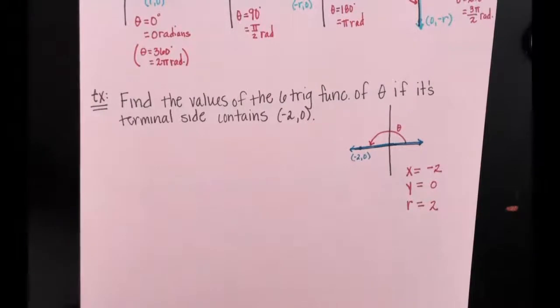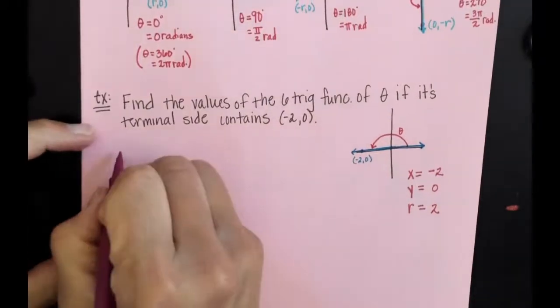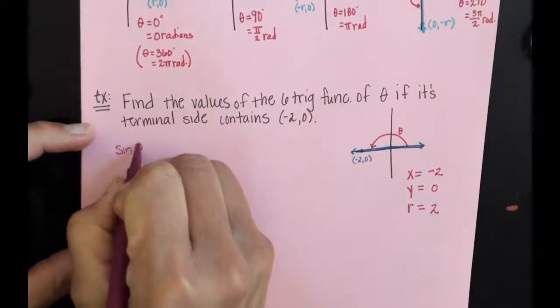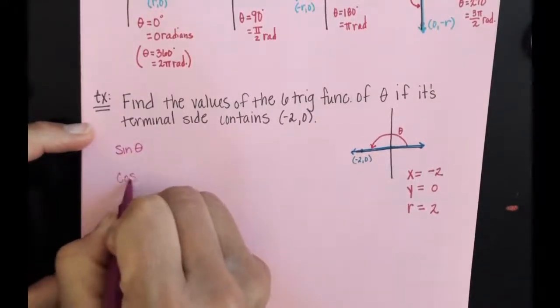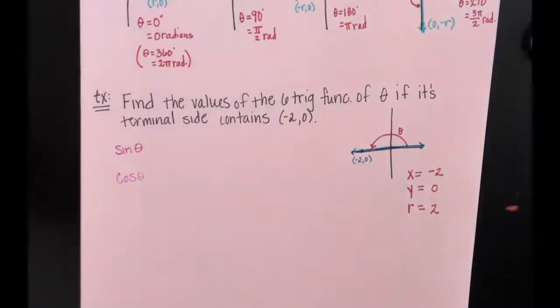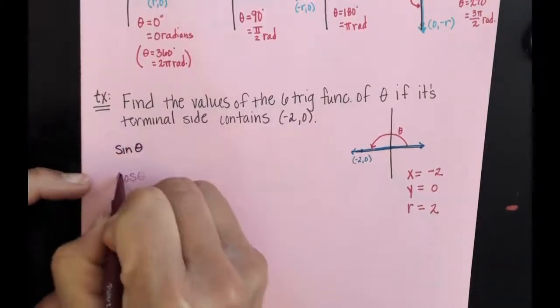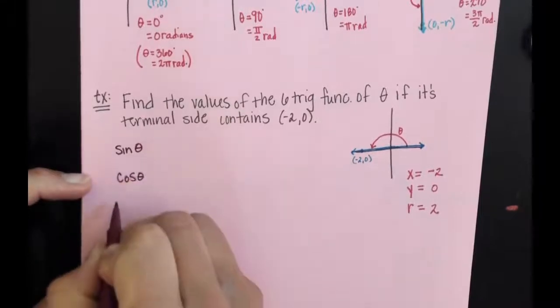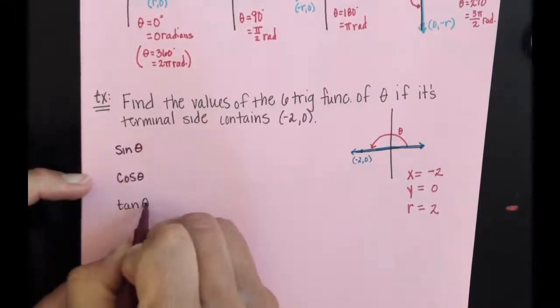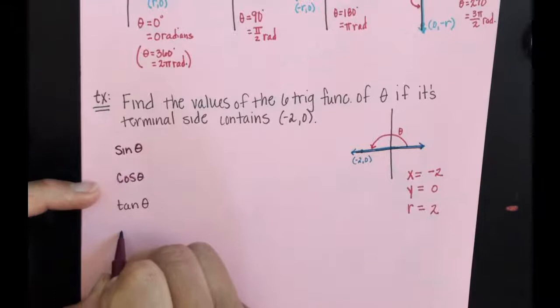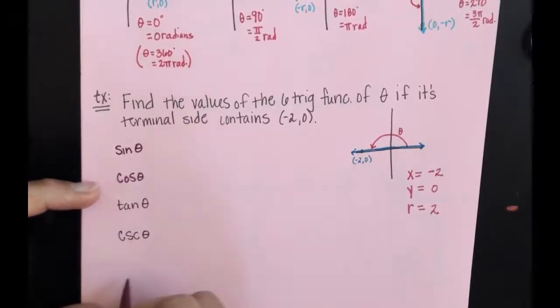So if we're going to do our 6 trig functions again, so we have our sine theta, cosine theta, tangent theta, and then we have all of the reciprocals, cosecant theta, secant theta, and cotangent theta.